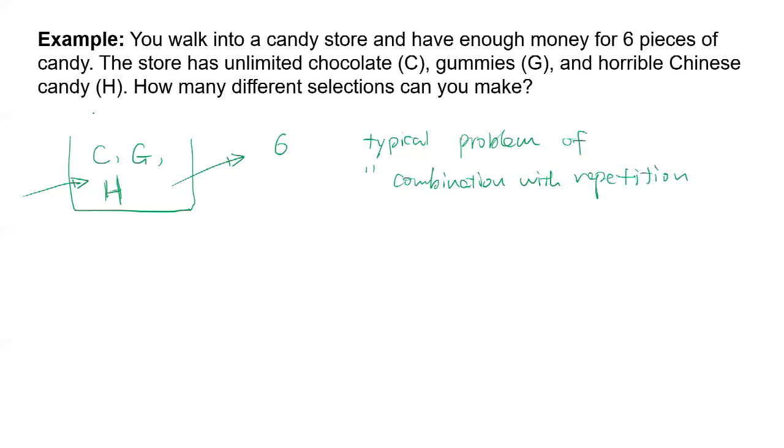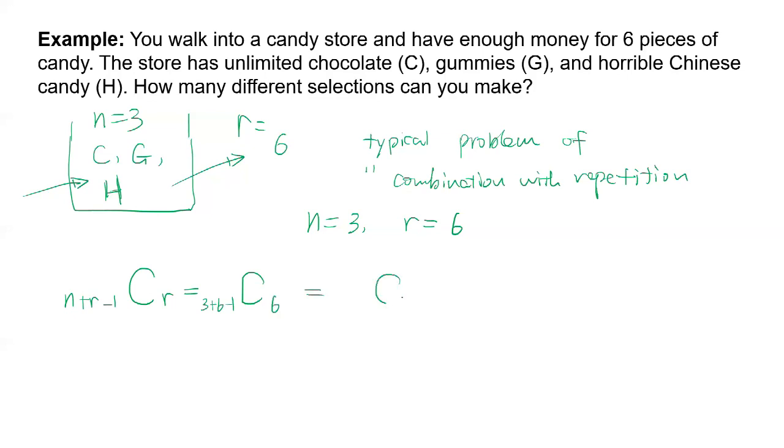Here n is 3, that's the number of elements in the jar. R is 6, that is the number you pick out of the elements in the jar. According to our formula, the total number of ways would be C(n+r-1, r), which is C(3+6-1, 6), which is C(8,6).